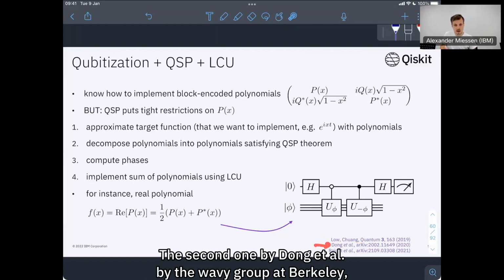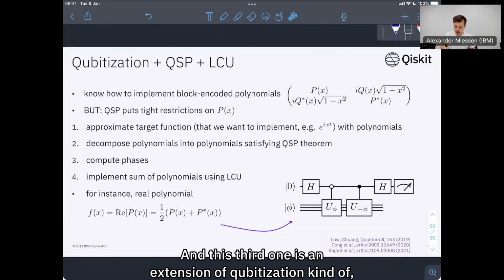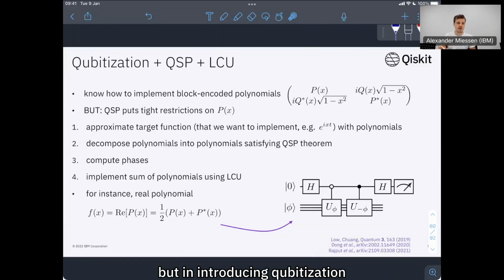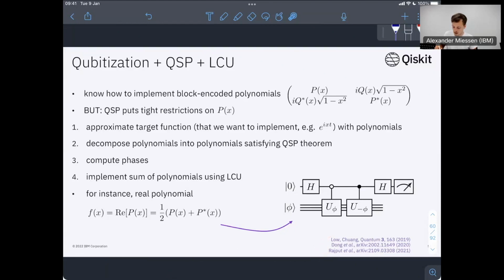The second one by Dong et al., by the Whaley group at Berkeley, explains this in a more applied way, I would say, so quite pedagogically. And this third one is an extension of qubitization, kind of, but in introducing qubitization, I think they also do a great job at going through the basics again. So if you have trouble with these two, check this third one, okay? Maybe it'll give you a different perspective.